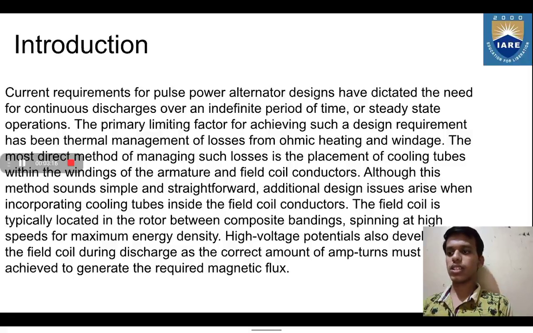The field coil is typically located in the rotor between composite bandings, spinning at high speed for maximum energy density. High voltage potential also develops in the field coil during discharge, as the correct amount of ampere-turns must be achieved to generate the required magnetic field or flux.